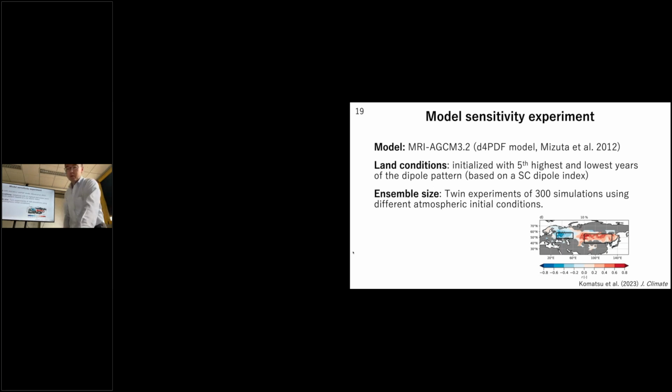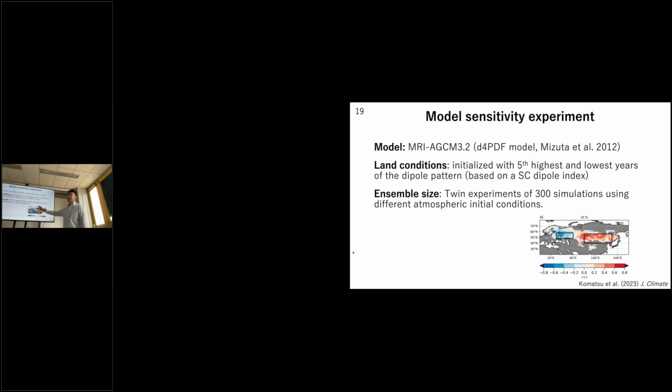So we want to underscore the results using a model sensitivity experiment. We did two simulations. In one experiment, we took the initial conditions from the five highest and five lowest years of the dipole pattern.